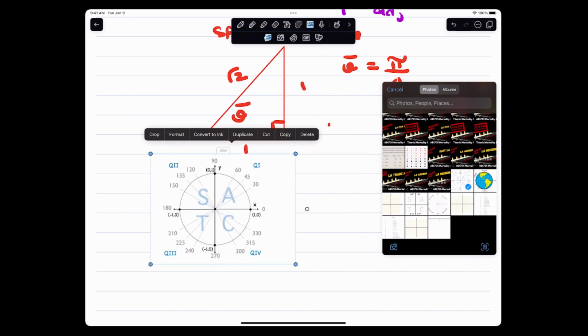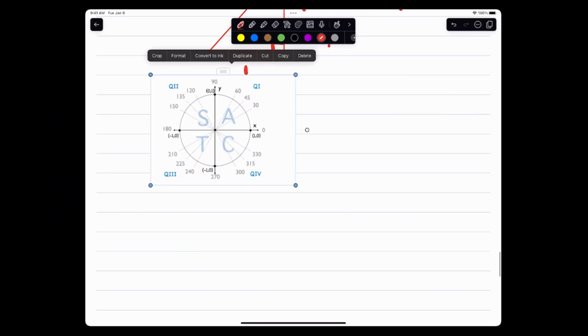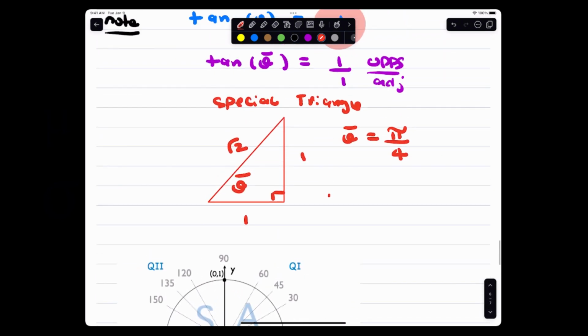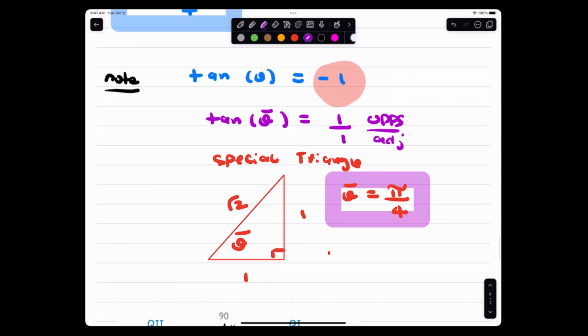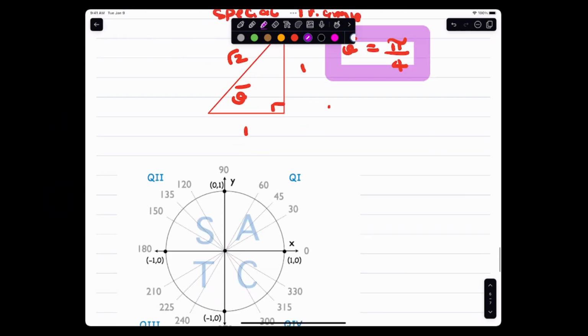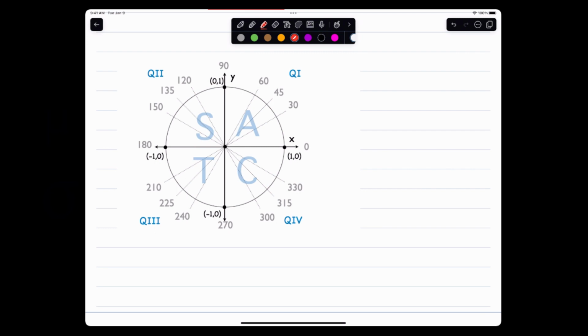Here it is. Pi over 4. So you might say, okay, tangent is negative in quadrant what again? Quadrant 2, quadrant what? 4.